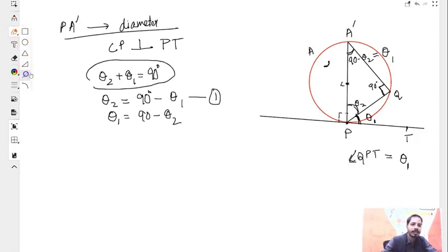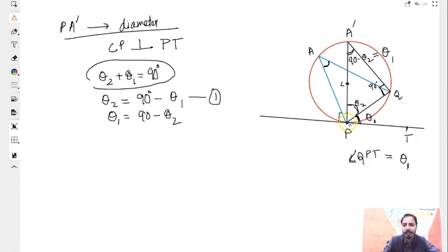Okay, now let us try to do some innovation here. Now let me say that I have a different chord here, and from the same chord PQ I subtend an angle at some other point of the circle but on the same side of the segment.